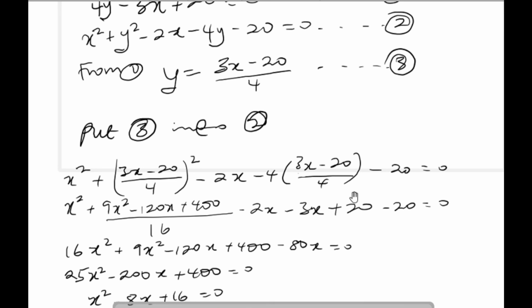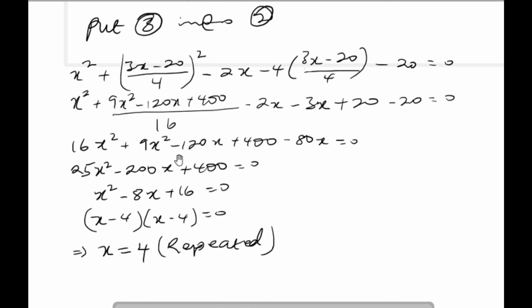Then by using binomial expansion, this is going to give us 9x squared minus 120x plus 400 all over 16, minus 2x is here. Then this 4 will cancel this 4 here, so we have negative 1 opening this parenthesis, gives us negative 3x plus 20, then minus our 20 here.